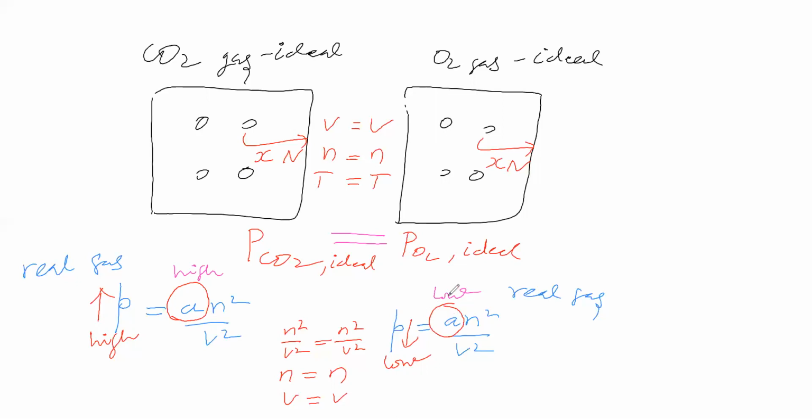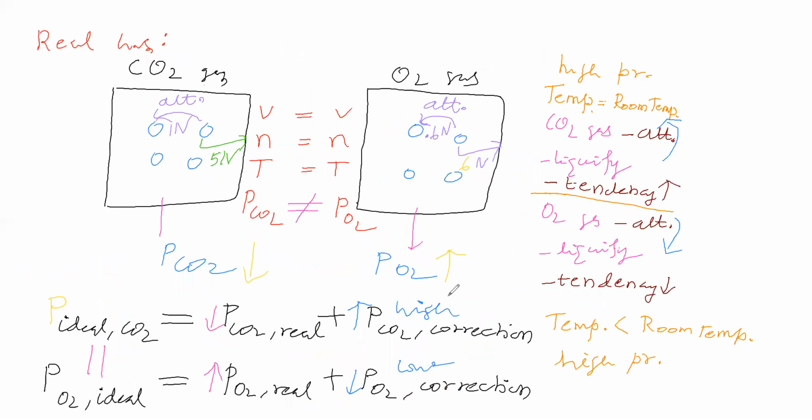So you are saying that van der Waals constant A is high in carbon dioxide and low in oxygen. Van der Waals constant A is higher, and the attraction magnitude in carbon dioxide is also high.